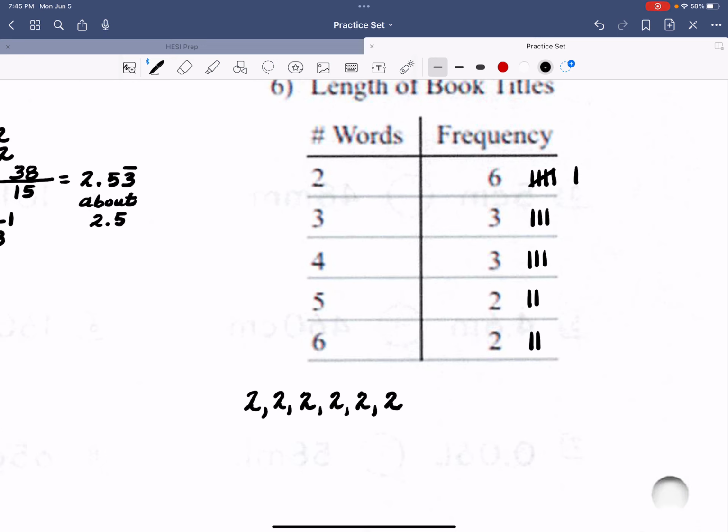But let's see. Then we have the books with 3 words. Like A Few Good Men. That's a book title with 3 words. And there were 3 of those. So 3 of them had 3 words. 4 words appeared 3 times.